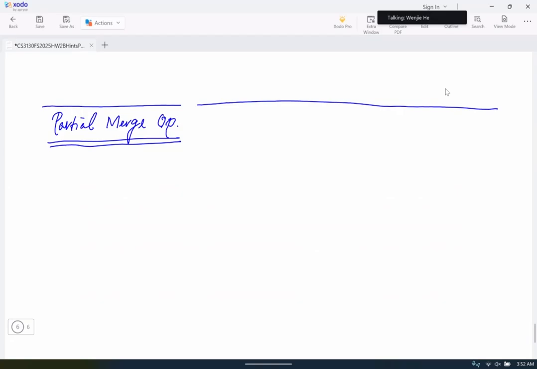So how to do it? The details. We assume we have 2 ordered arrays, right? The first one with size A, the second one with size B. Here I assume you are familiar with the standard merge operation.